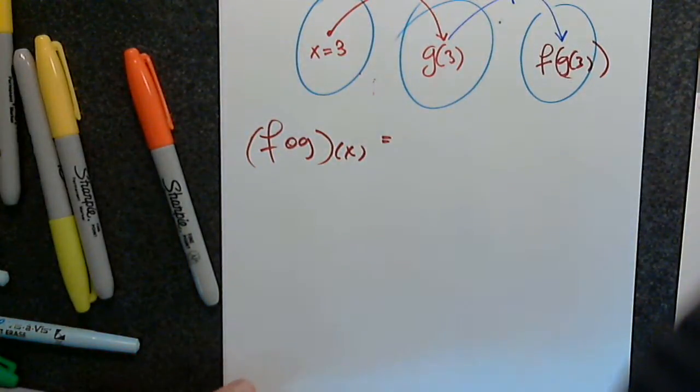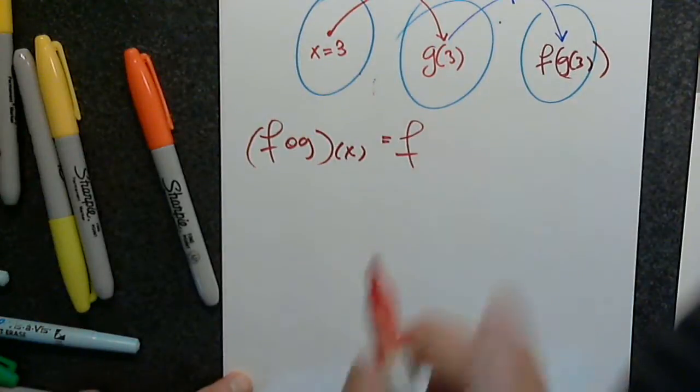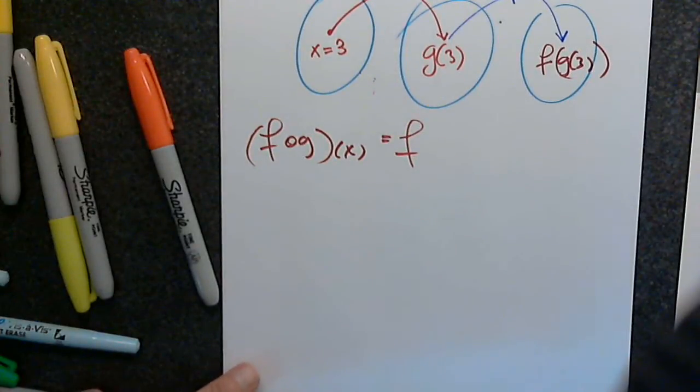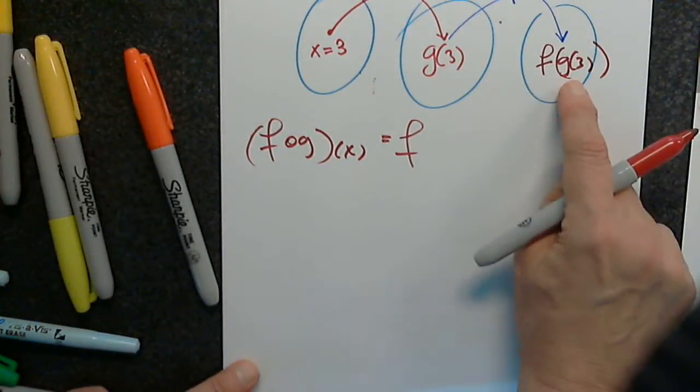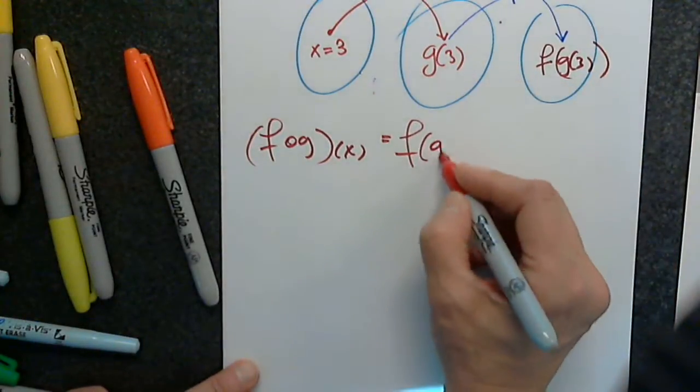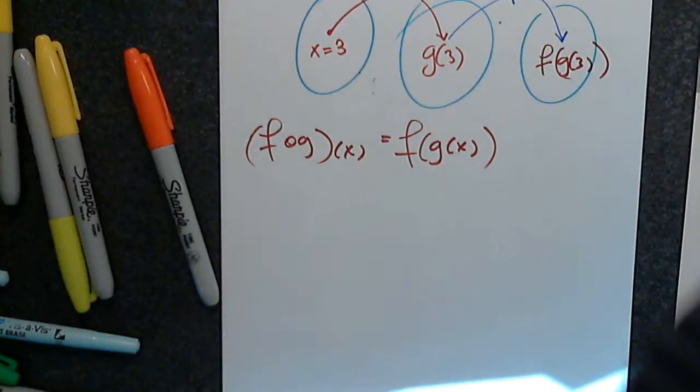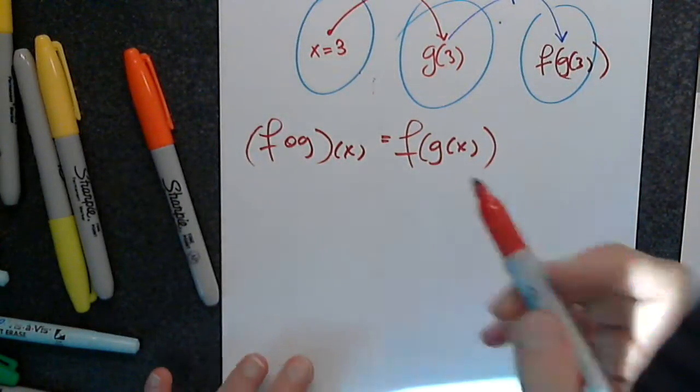So how do I write it? Not times. There is no product, sum, difference, quotient. F of g of x. So not to be confused with the sum, difference, product, or ratio. Okay? So this is what it's called, function composition.